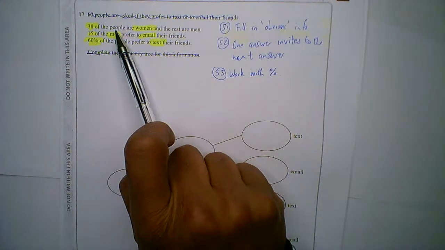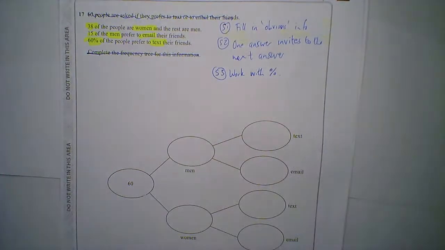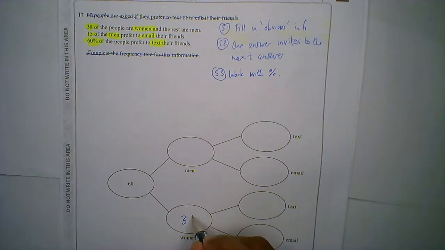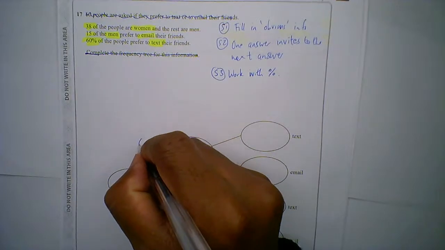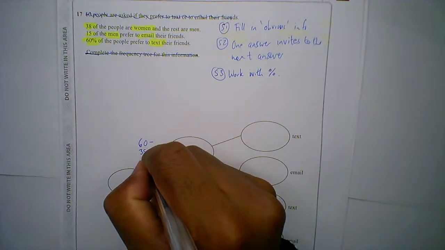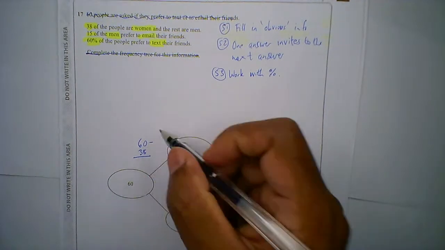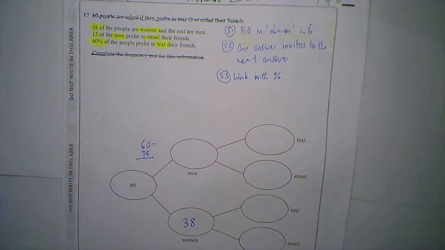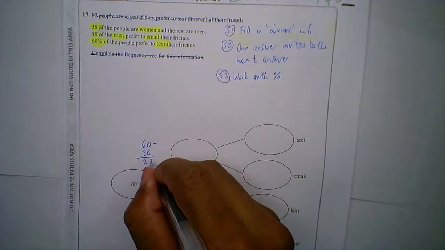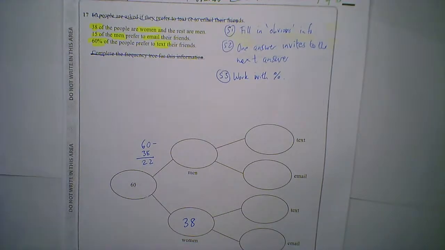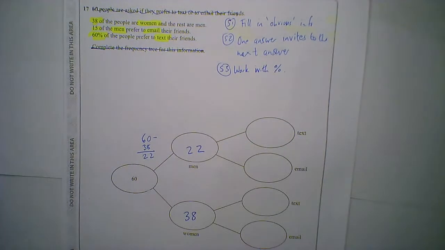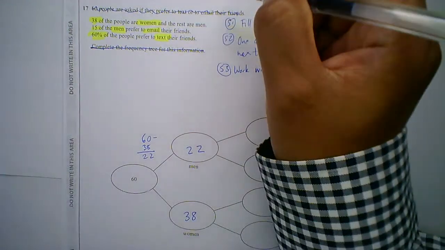38 of the people are women. So that is an obvious piece of information, 38. So now this part becomes 60 take away 38. That gives me, I can put this into my calculator as well, 22. So the first sentence is done.